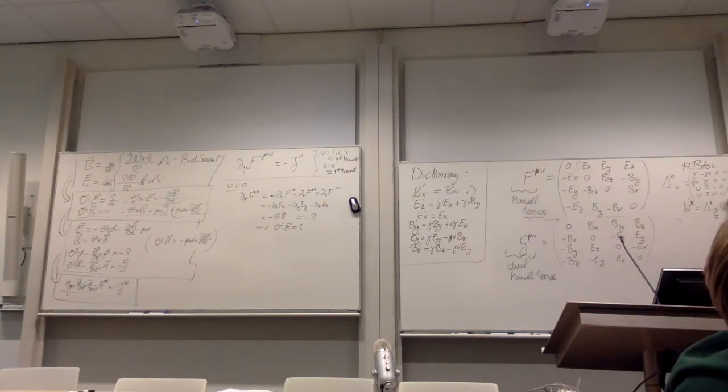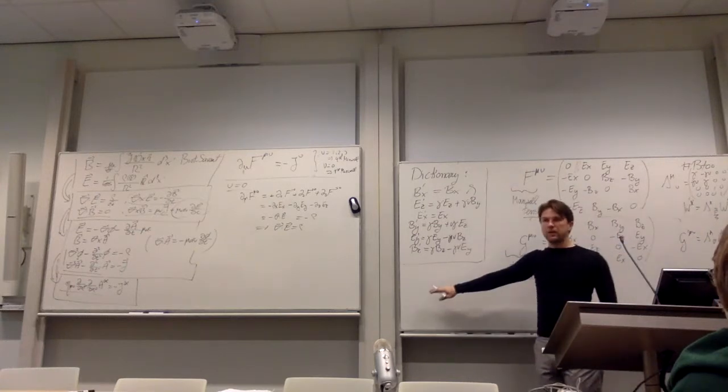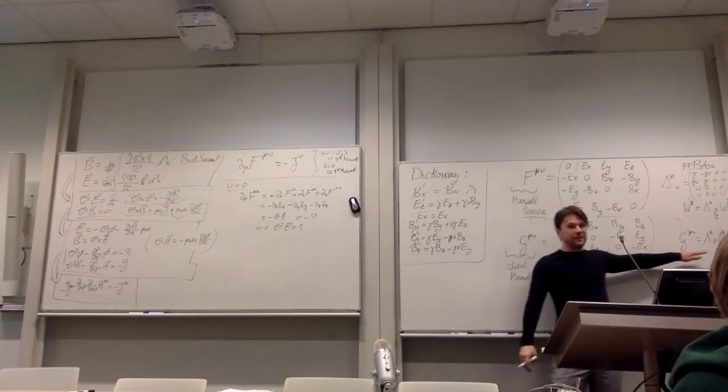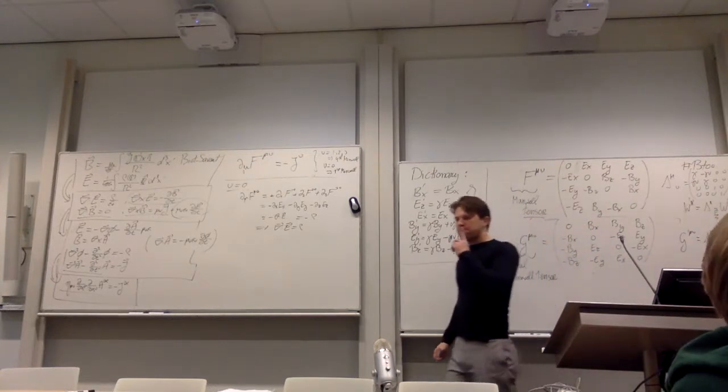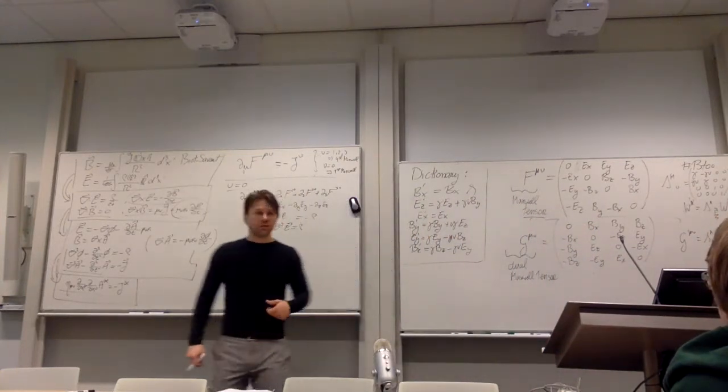My claim is, if you try to use this rule, this one, you assume that this is true, and you just try this, you will find these equations. In other words, this indeed is also a tensor. So G mu nu is another tensor.